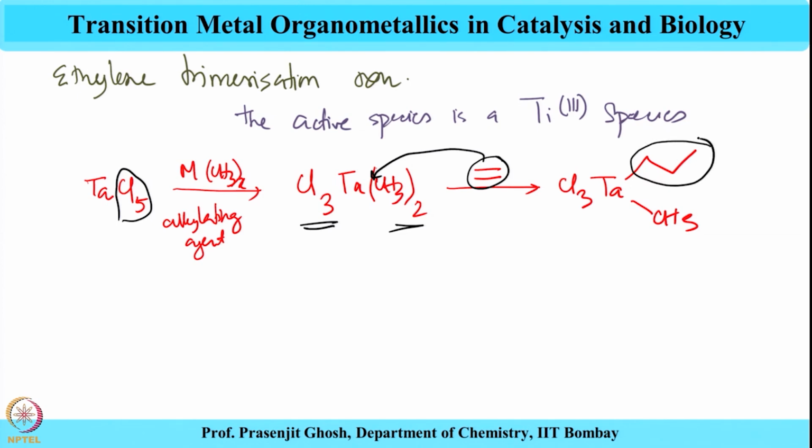Now, this tantalum propyl moiety, because of the electron deficiency of tantalum, has a beta hydrogen, which beta eliminates to produce this tantalum hydride methyl species with coordinated propylene.